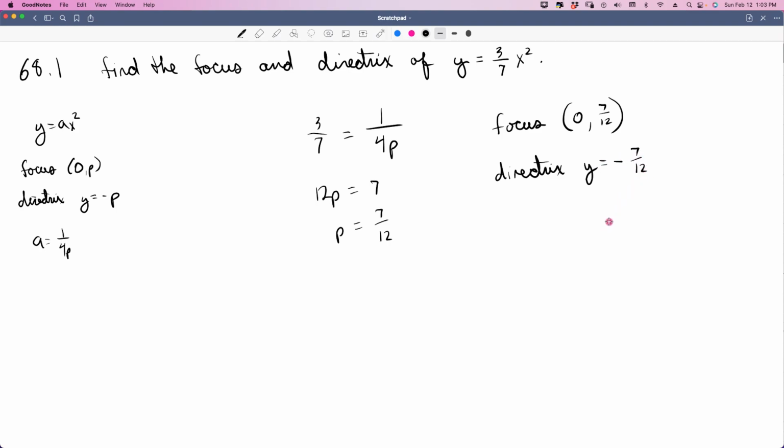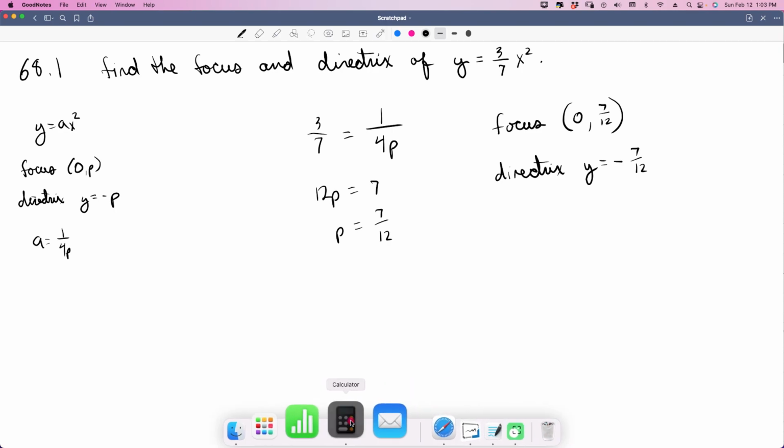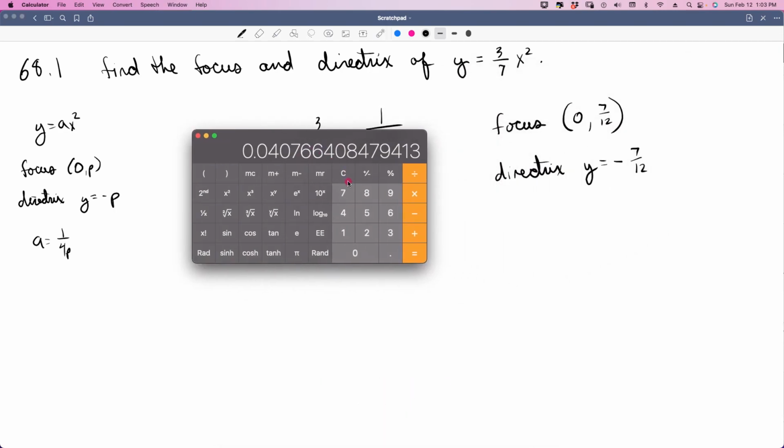Now we're getting to the point where we need to start using decimals so that we can graph this. It's going to be really hard to graph this otherwise. So we are going to divide this, and when we do, 7 divided by 12 gives us 0.58333 repeating.